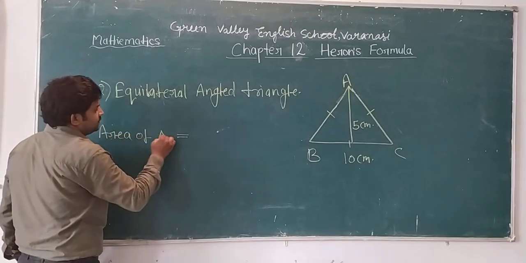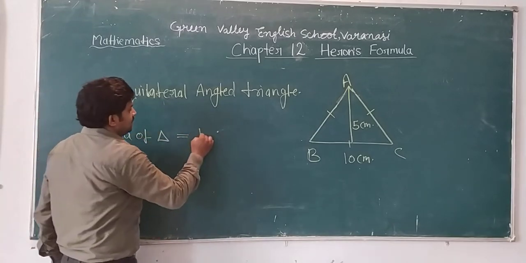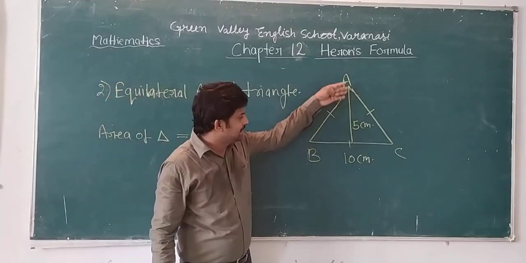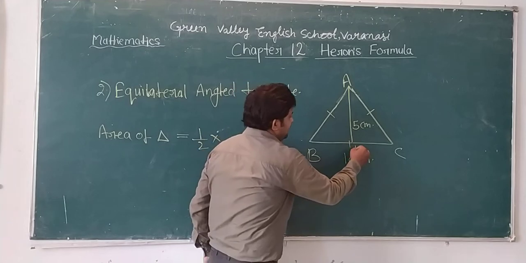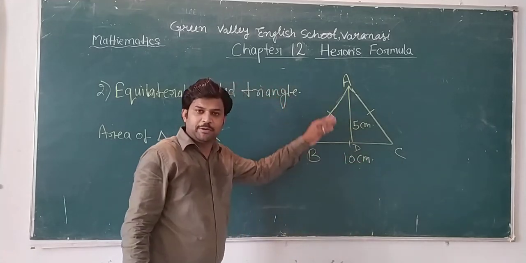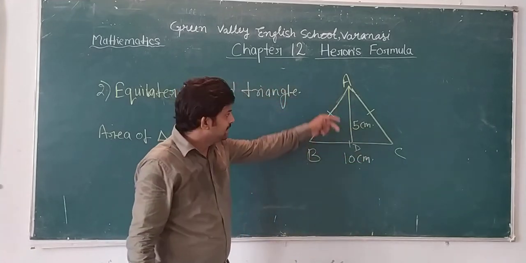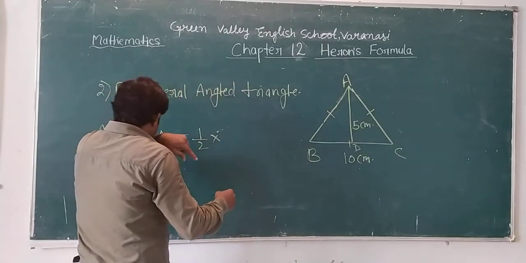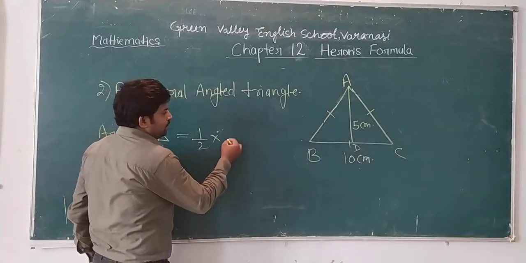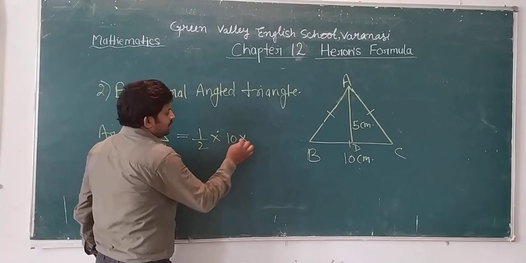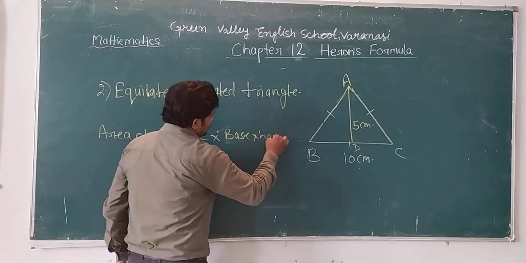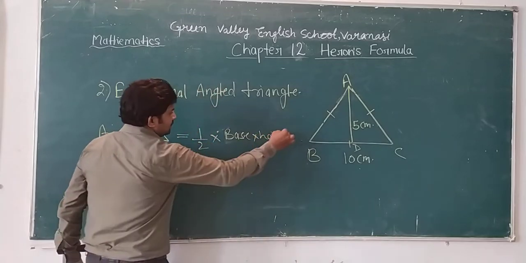Area of equilateral triangle is equal to, this one is height. Height means this is the perpendicular. AD is the perpendicular height. Then area is 1 upon 2 into base into height.